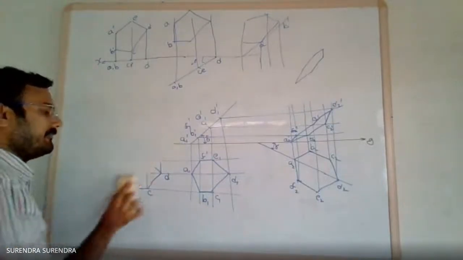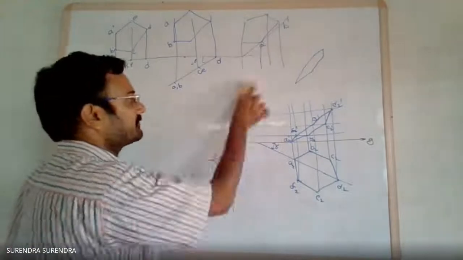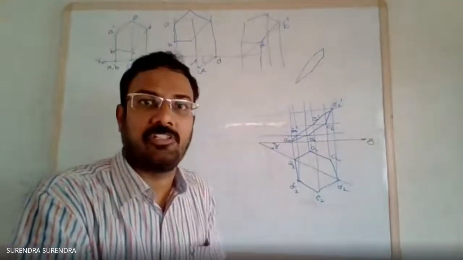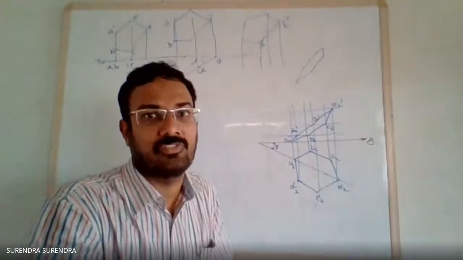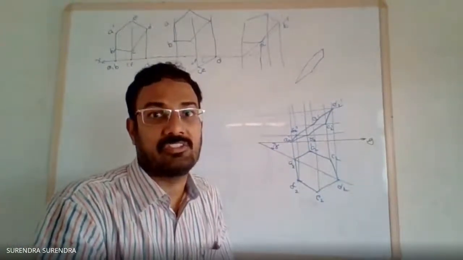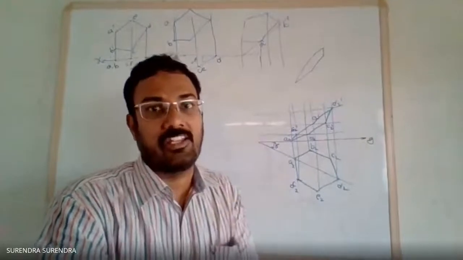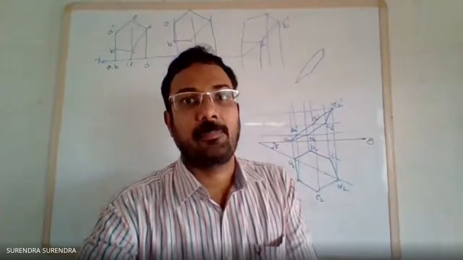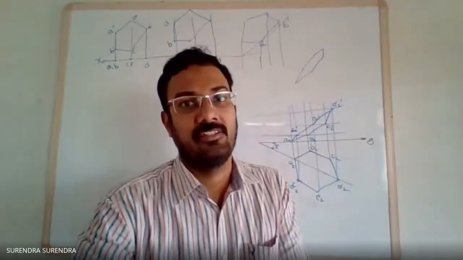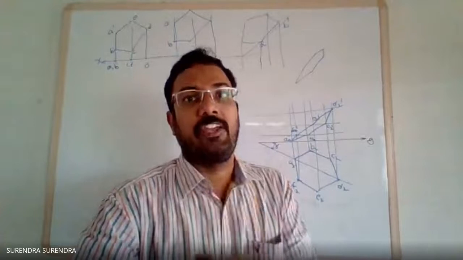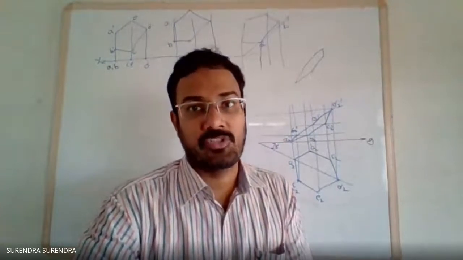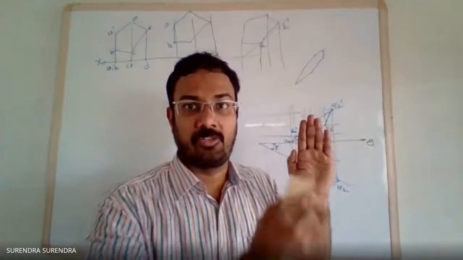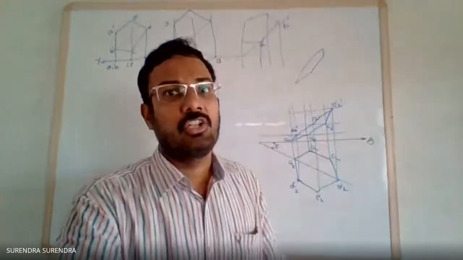What you have to observe is the concept. If you go problem to problem, even if I tell 20 problems or discuss 30 problems, it is not useful. So try to understand the concept. The only logic is: identify the surface inclination, make the surface parallel to that particular reference plane, and identify to which plane we can view the true shape. If it is parallel to HP, the true shape is in the top view; if parallel to the vertical plane, you can see the true shape in the front view.